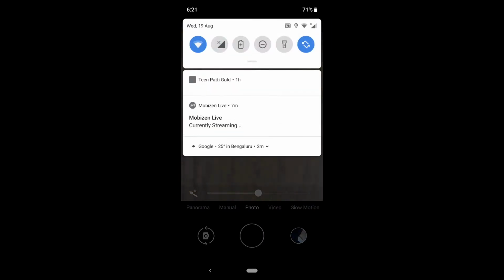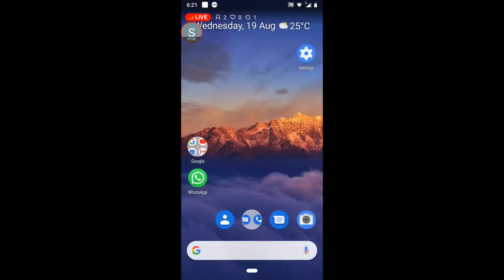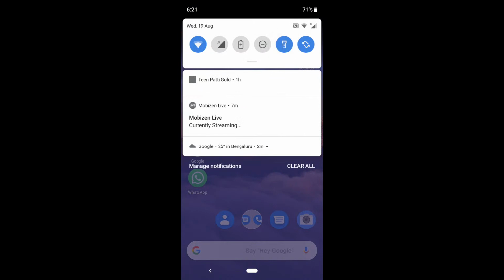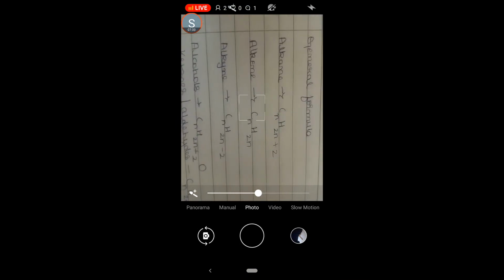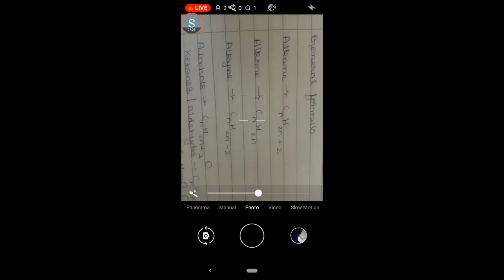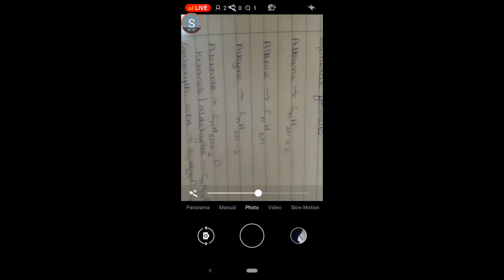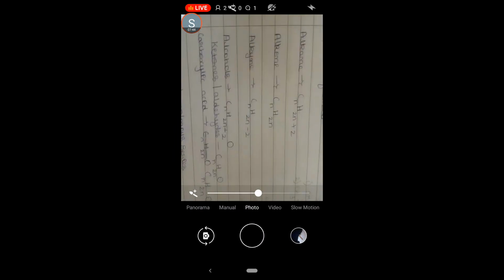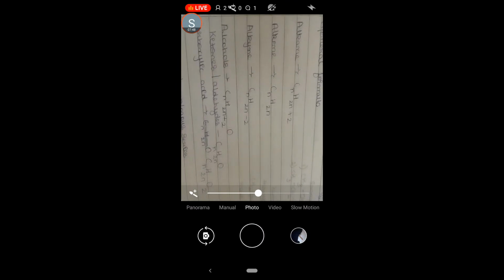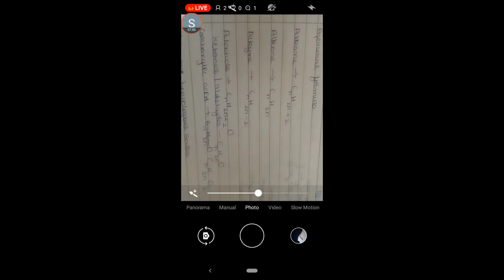General formula of alkane is CnH2n+2. Alkene is CnH2n. Alkyne is CnH2n-2. Alcohol is CnH2n+2O. Ketones or aldehydes are CnH2nO. Carboxylic acid is CnH2nO2. These are the important general formulas.